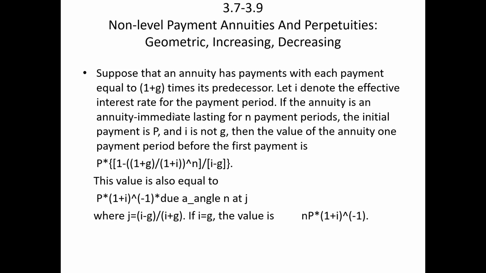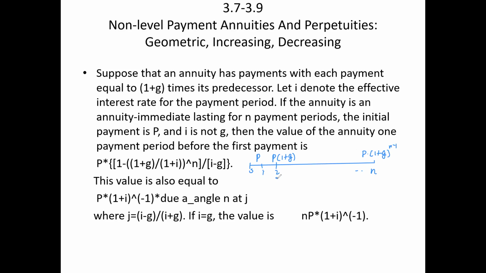Let me draw the timeline to see the situation more clearly. 0, 1, and 2, and time n. At the end of the first time period, we have a payment P, and then the second one, P times 1 plus G. And finally, we have P times 1 plus G to the n minus 1.